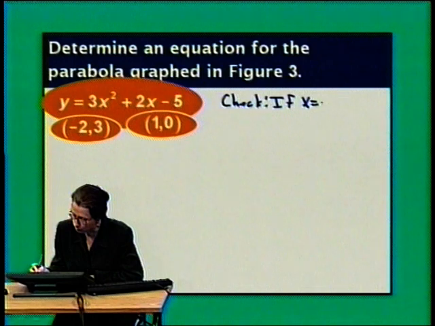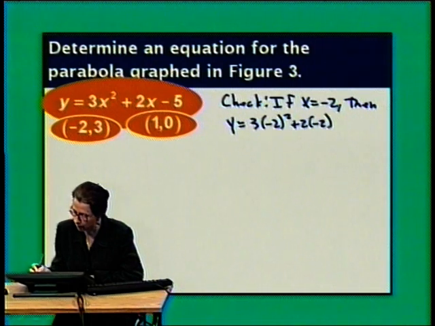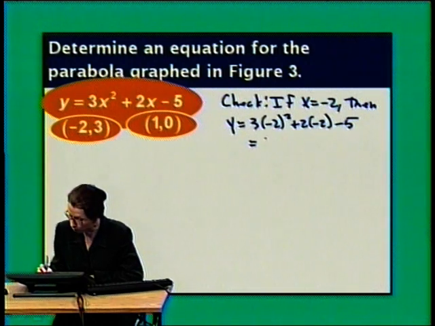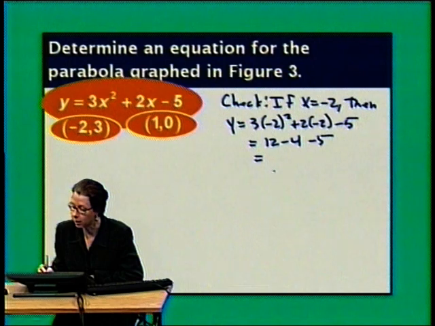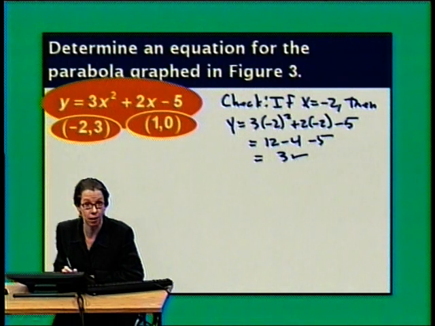If x equals negative 2, then y equals 3 times the square of negative 2 plus 2 times negative 2 minus 5. 3 times 4 is 12, minus 4 minus 5, that's 8 minus 5, which is indeed 3. So the point negative 2, 3 satisfies our equation.